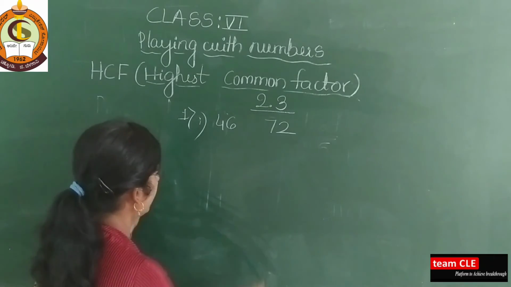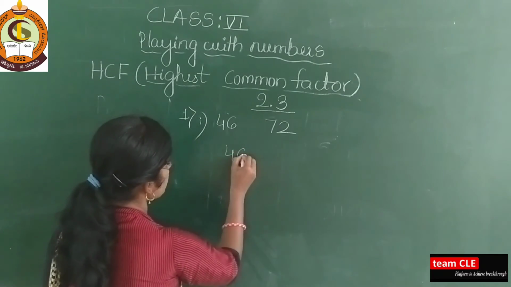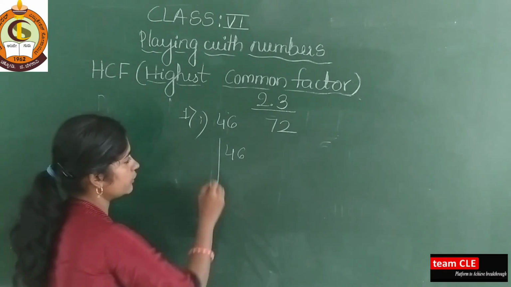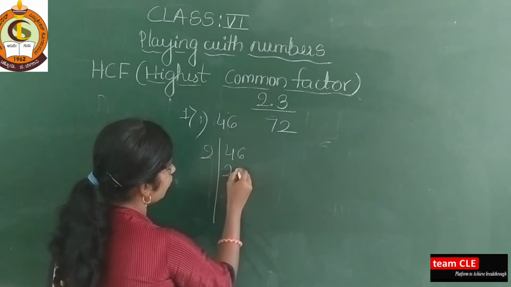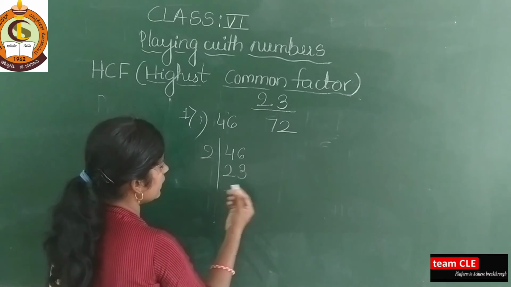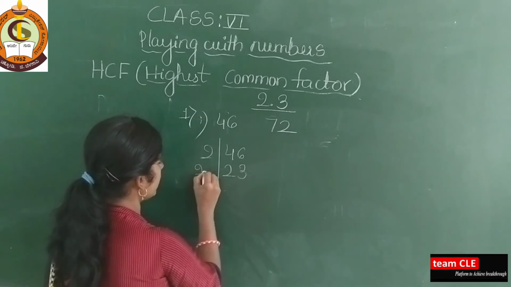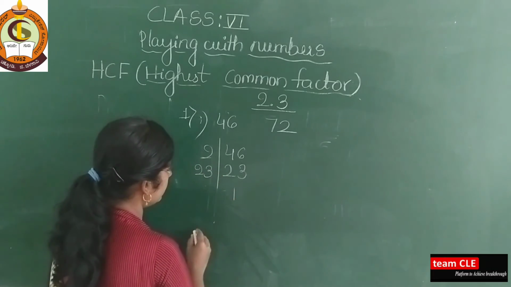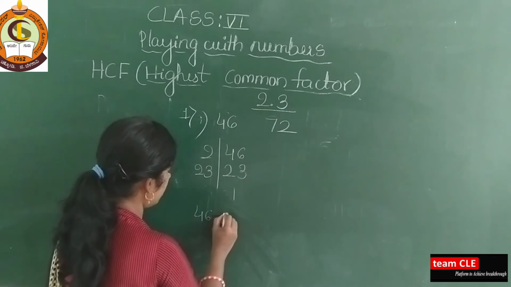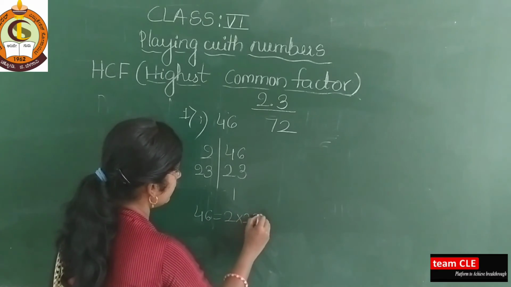So take here 46. See here in 1's place 6 is there, which means that number is divisible by 2. Take here 2 2's are 4, 2 3's are 6. So here 23 is a prime number, then directly you take 23 ones are 23. Okay, so the prime factors of 46 are 2 into 23.